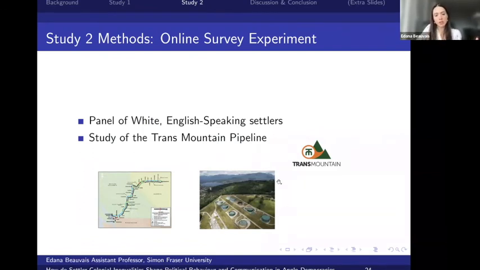This is a picture from Burnaby Mountain, where I work, Simon Fraser University. It's just a few kilometers away, where the crude oil goes and is sent off in tankers. It's going to double the amount of crude oil that makes its way to the Pacific coast, so it's a very controversial proposal.